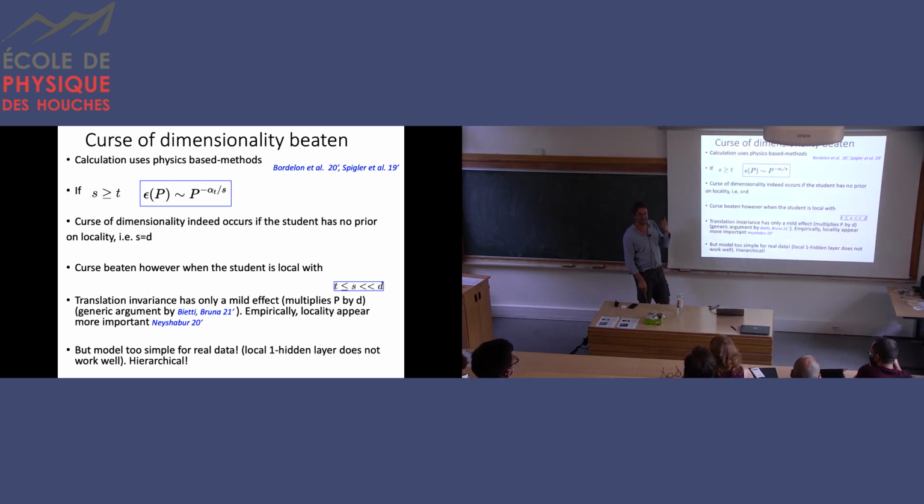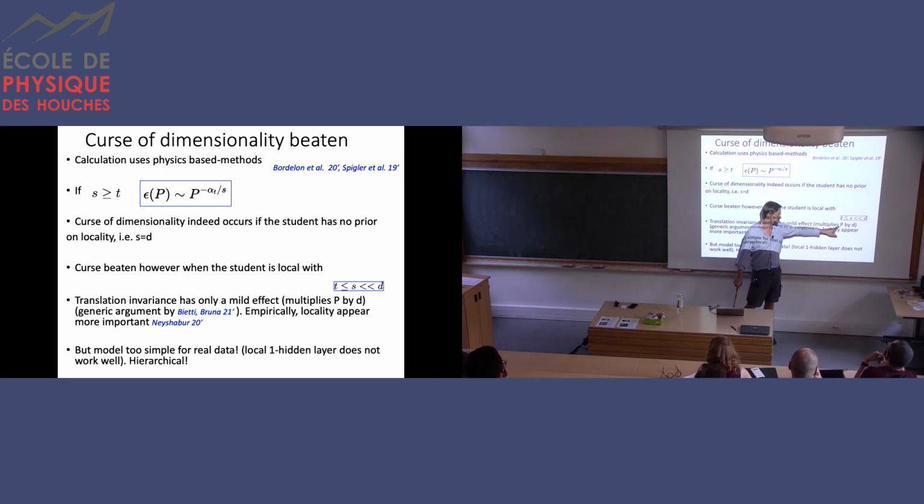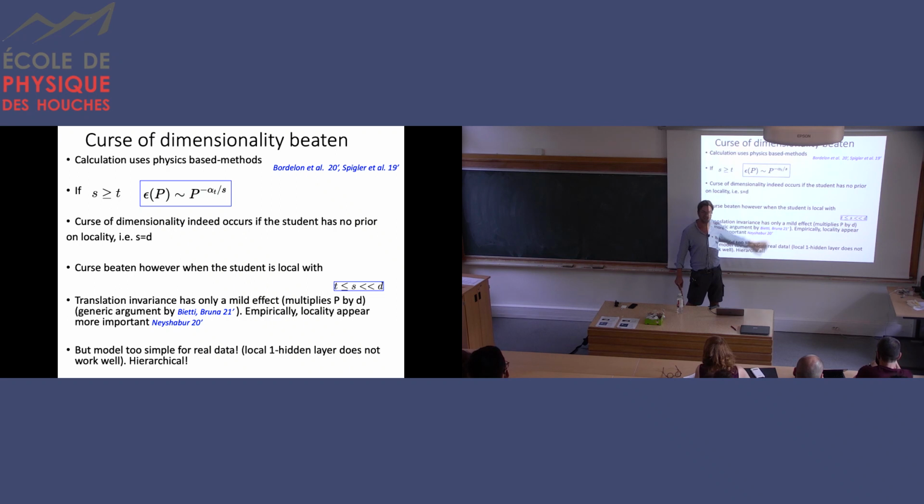In this simple model, as Nati was asking, you can also add weight sharing and impose that both the student and the teacher are translation invariant. And then what you find if you do this is a very mild gain. This gain is equivalent to multiplying P by the dimension D, and there are general arguments as to why it should be like that.